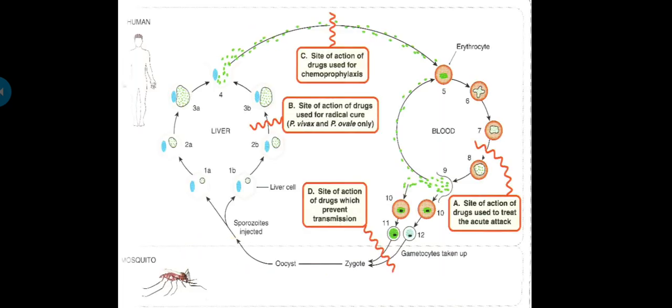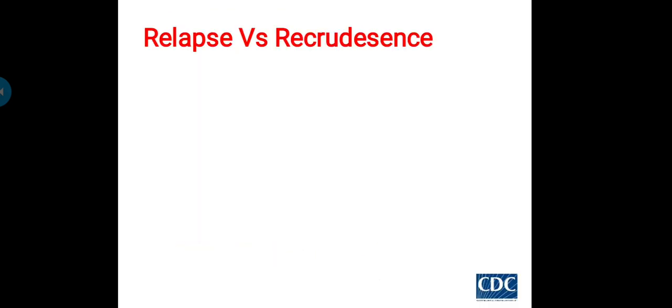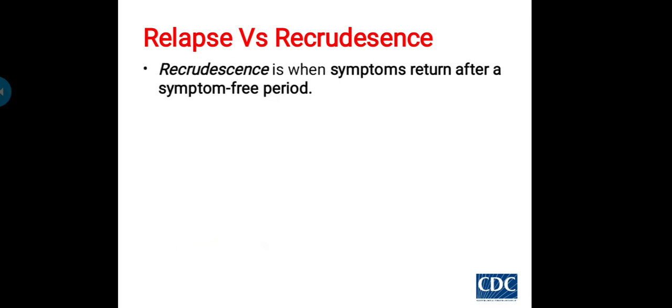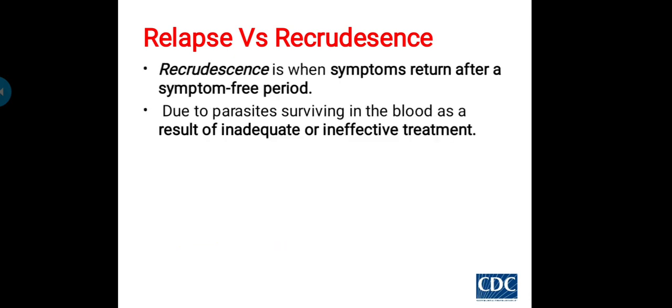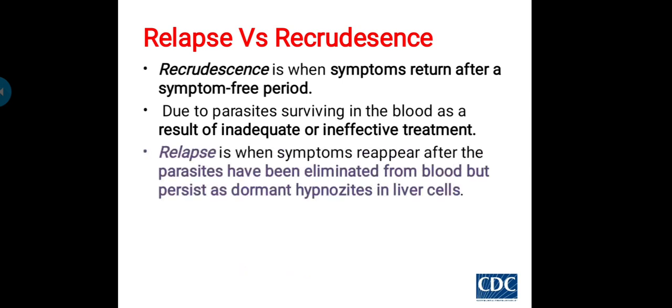So this is the site of action of the different drugs. We shall discuss that later. Now, what is relapse versus recrudescence? It is a very commonly misunderstood term. Recrudescence is when symptoms return after a symptom-free period, and it is mainly due to inappropriate or ineffective clearance of the parasite. The parasite survives in the blood as a result of inadequate or ineffective treatment.